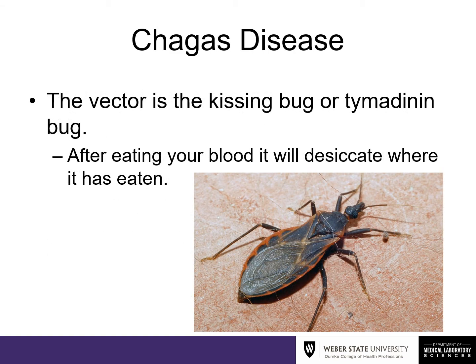The vector for Chagas disease is the triatomine bug, also known as the kissing bug. It will come onto somebody's skin and drink their blood. After it does that, it will defecate where it has eaten, causing the parasite to go into your bloodstream.